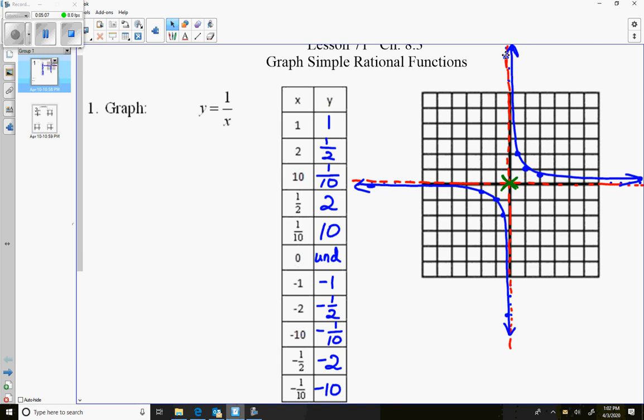Now, there's only two whole number points that this goes through, and that is the point 1, 1 and the point -1, -1. That's all I'm really expecting you to plot. The rest, you just chase the asymptotes. The main parent function is in quadrants 1 and 3.